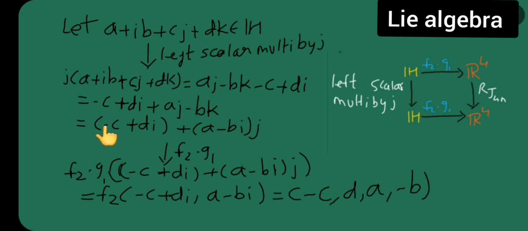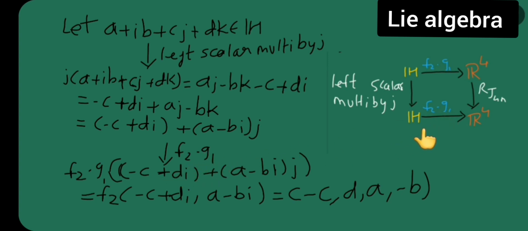Now this is minus C plus DI plus, and this I am going to write as A minus BI, with J outside the bracket, because I into J is nothing but K. And this is F2 into G1, write it here.